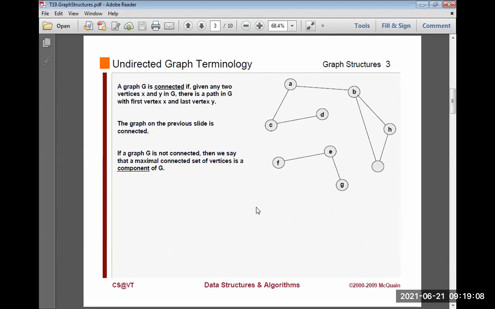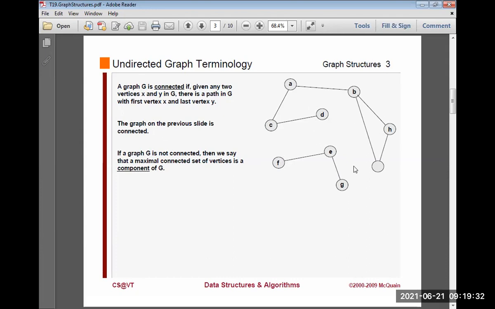Another, see here, a graph G is connected if for any 2 vertices X and Y in G, there is a path from X to Y. So if a graph is connected, there is a path from one vertex to another vertex. Here this graph is different and this graph is different.